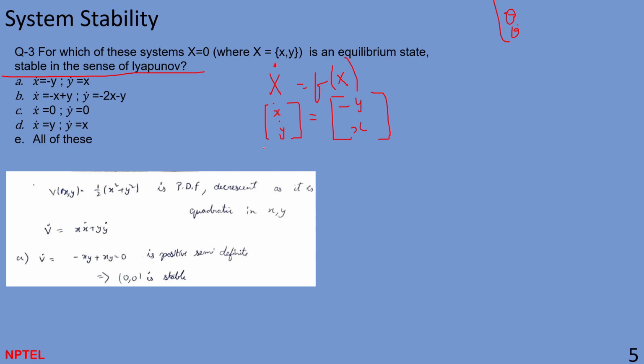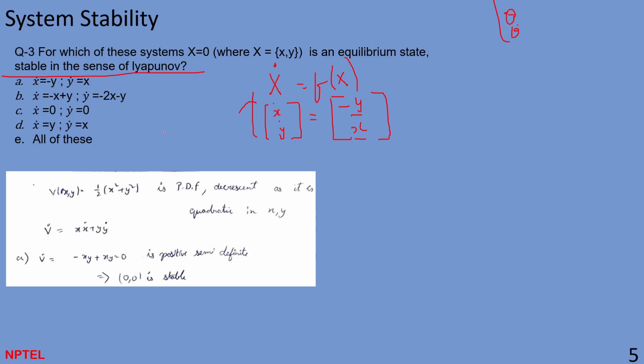In this case, it is something like x and y. There are two different variables. This is like a 2 degree of freedom system, whereas the previous one was a 1 degree of freedom system with theta and theta dot. Here it is x and y.